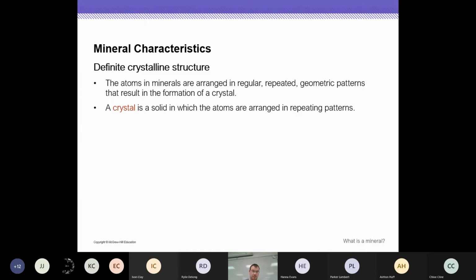If you didn't get this before in class, what I talked about is how some of these crystals form. They will have a certain pattern, formed in a geometric shape, and it just keeps repeating that pattern, and it forms a crystal.